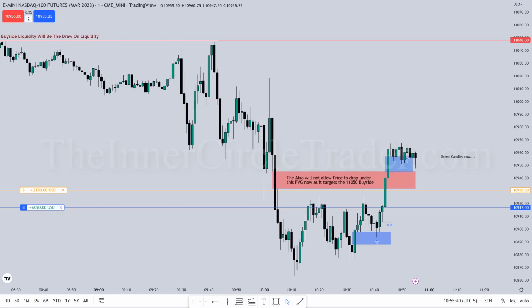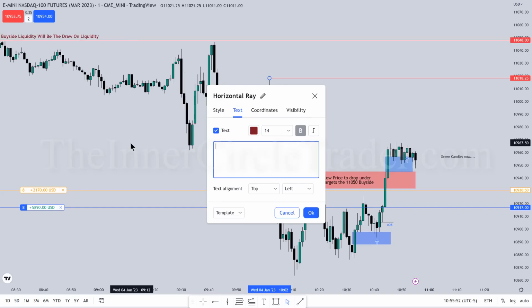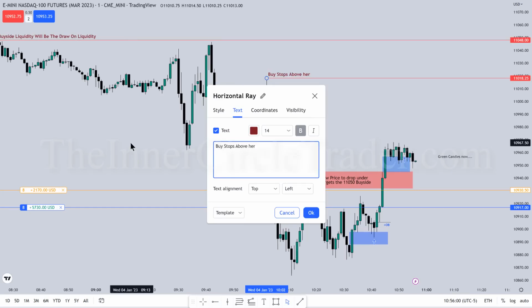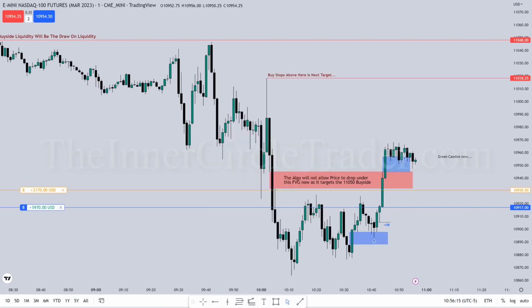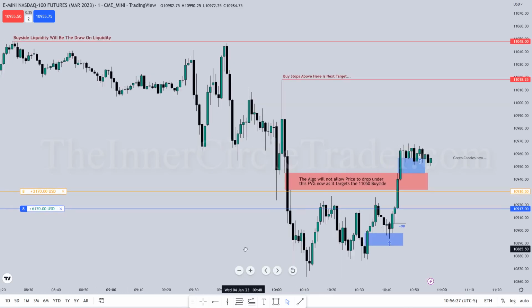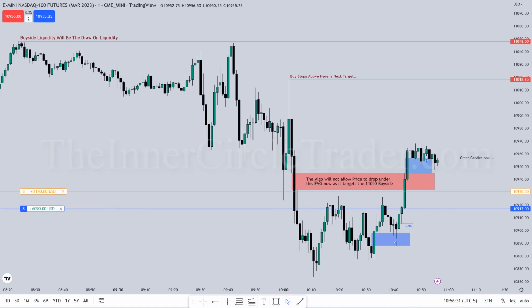So I'm looking for the beginning of green candles moving up. Notice also that we went from large green candles and now we're in small little range candles. Okay, so the next expectation would be what? Big candles. So if we're bullish, we don't think that that pink area is going to break and allow price to go down, then the next series of big candles should be in what direction?